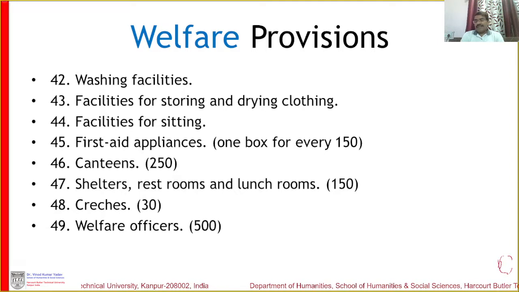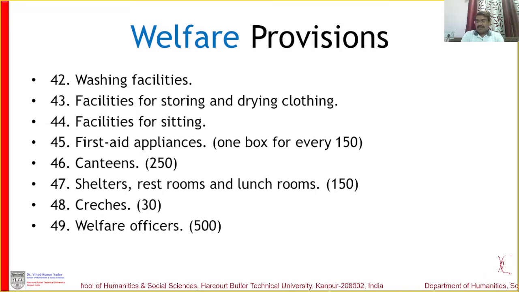It talks about canteens: wherever more than 250 employees are employed in a factory or factory premises, the management must arrange canteens for these employees, and these canteens may be subsidized with respect to the normal market.